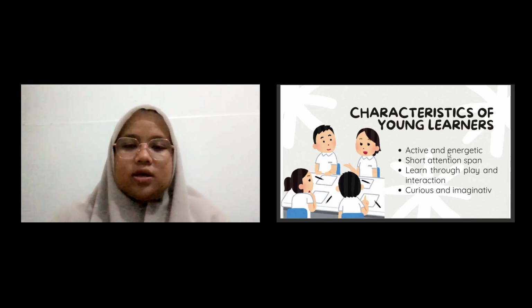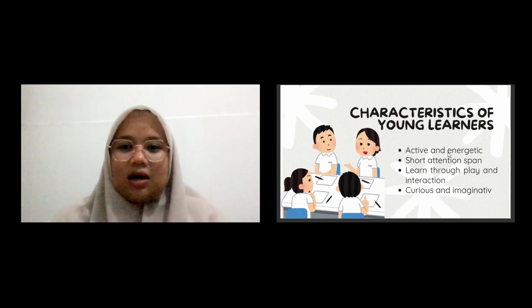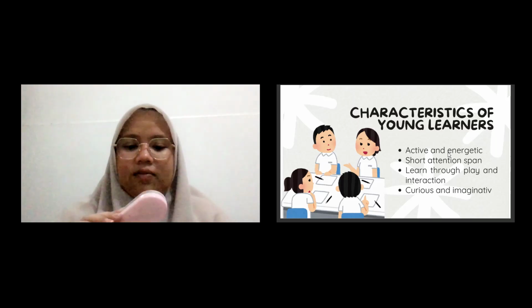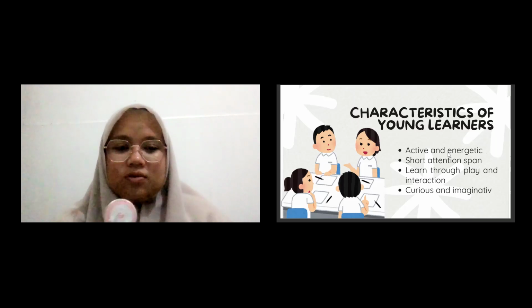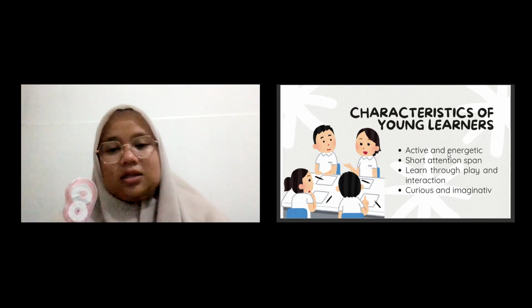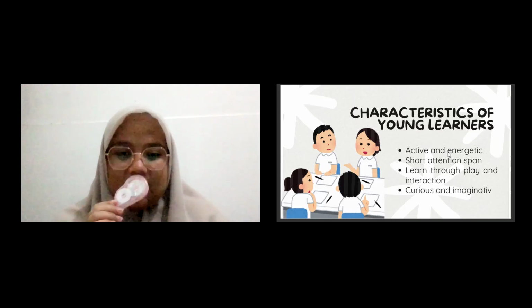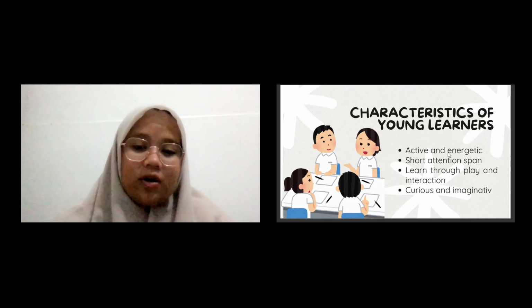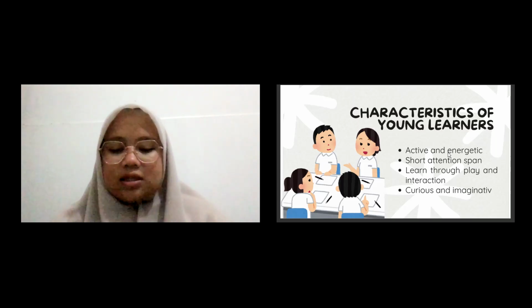They are very curious about something they see for the first time. So they can ask the teacher, what is that? For example, this. The student can ask, what is that? And the teacher can answer, it's a correction tape. Oh, what is that for?